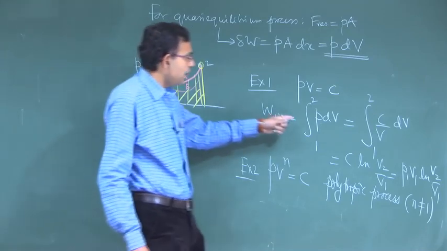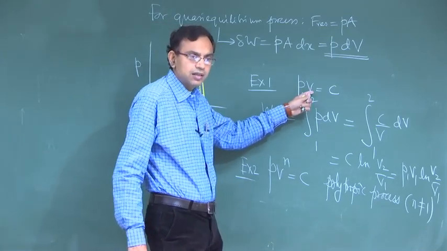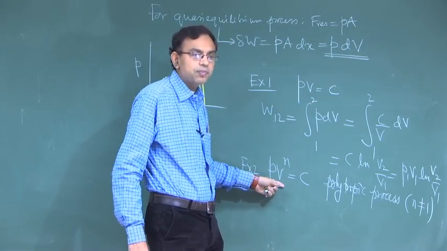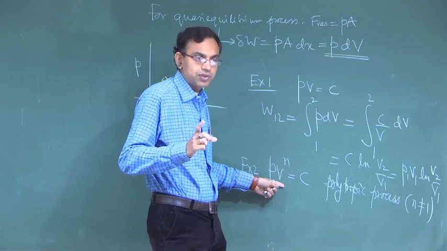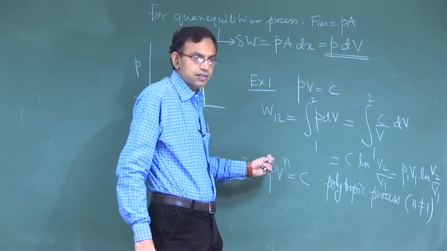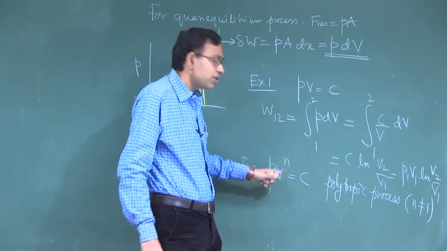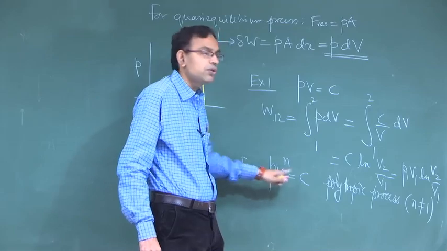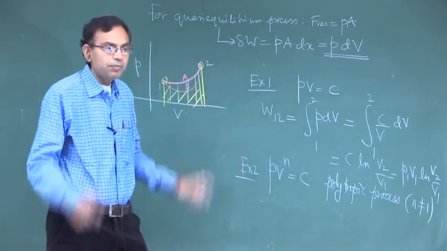If n is equal to 1, that is what we have already considered. So, do not confuse this with an adiabatic process. An adiabatic process is a special case of a polytropic process, but it could also be any other process. So, any process which could be artificially fitted in the form of an equation PV to the power n equal to constant, that is a polytropic process.